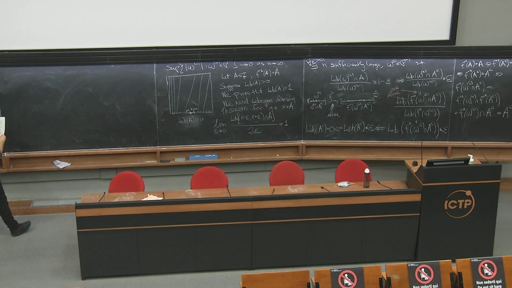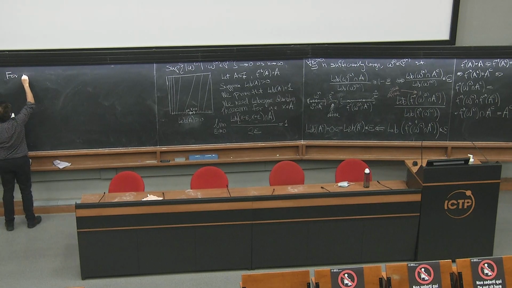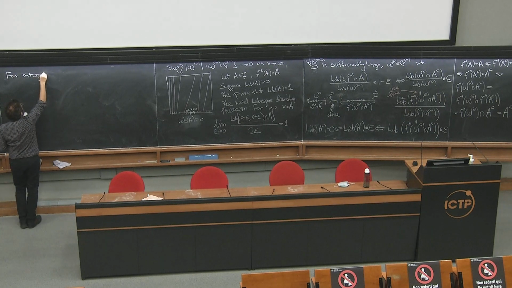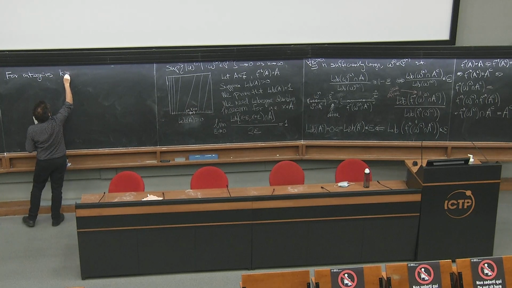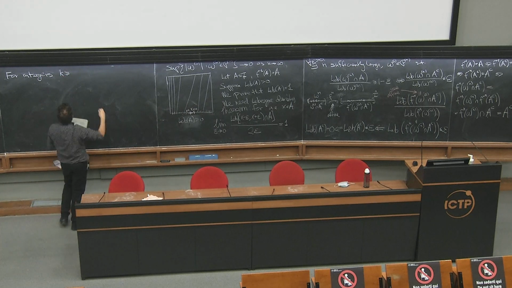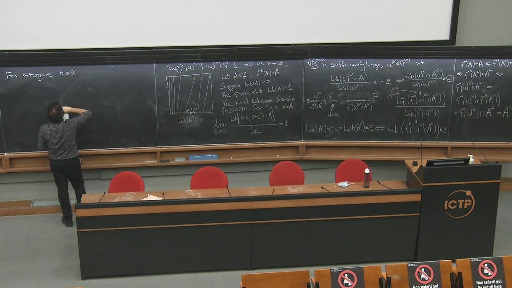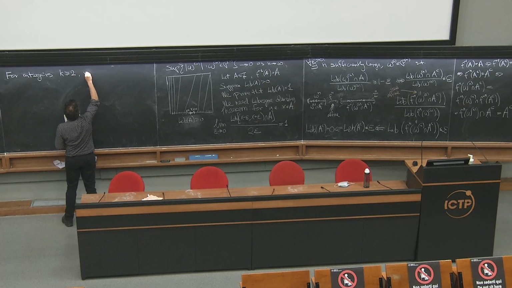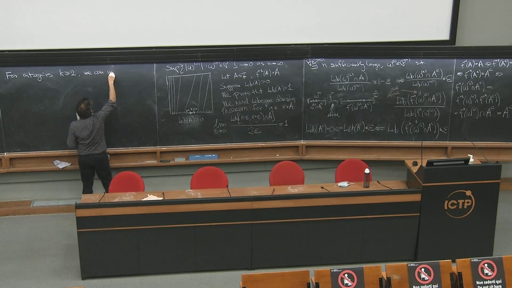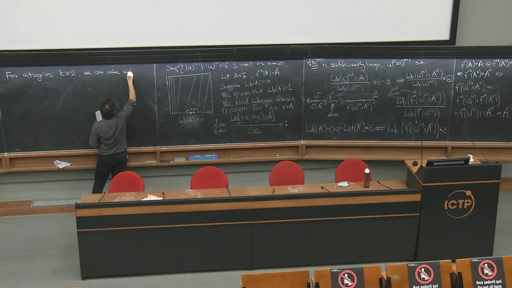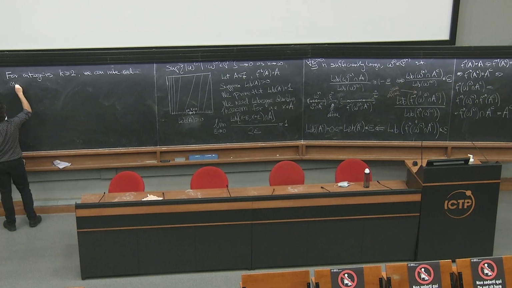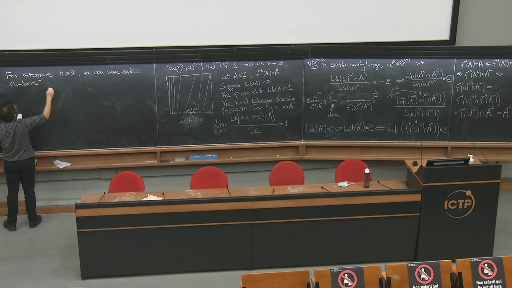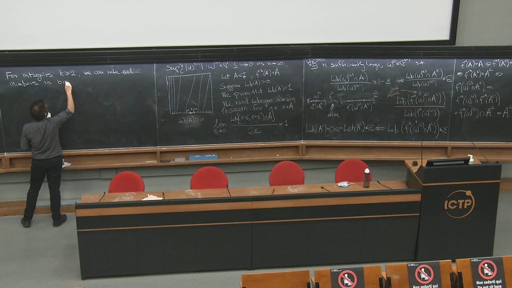So remember that we have the base k expansion, right? For integers, we already discussed this when we were looking at kx mod 1. For integers k greater than or equal to 2, we can write real numbers in base k.